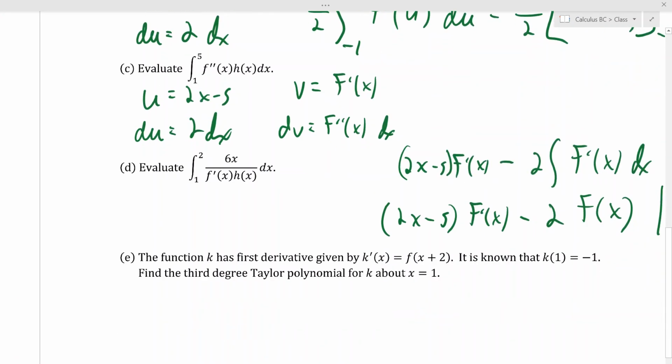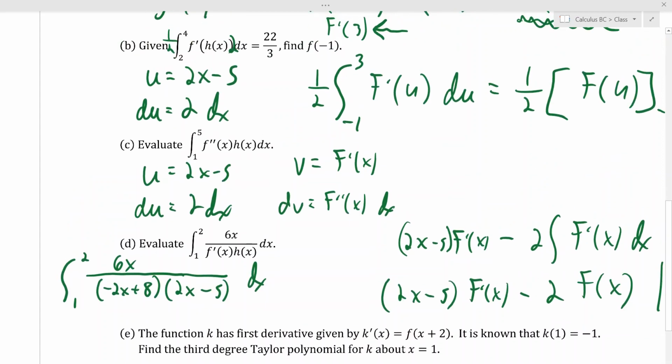So we're going to have to do that here. That's another little extra step that they wouldn't do to you. They'd make it more explicit. But h of x is that 2x minus 5, and this is exactly partial fractions.